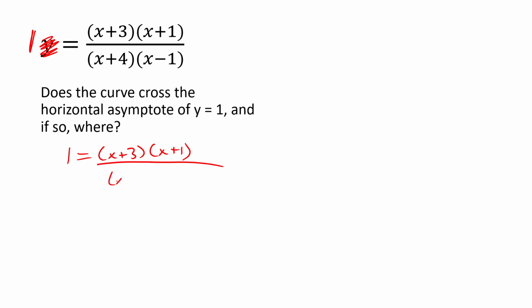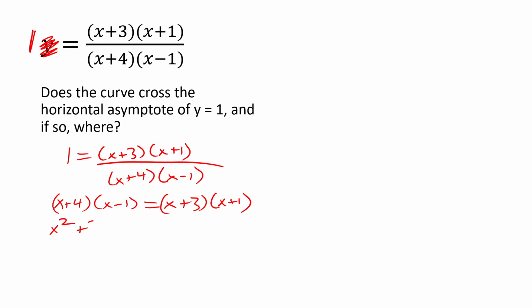rational function? So we let y equal 1, literally, and then we multiply both sides by the denominator on the right. Okay, and we get this expression here. Now we can expand it out. We get x squared plus 3x minus 4 equaling x squared plus 4x minus 3.